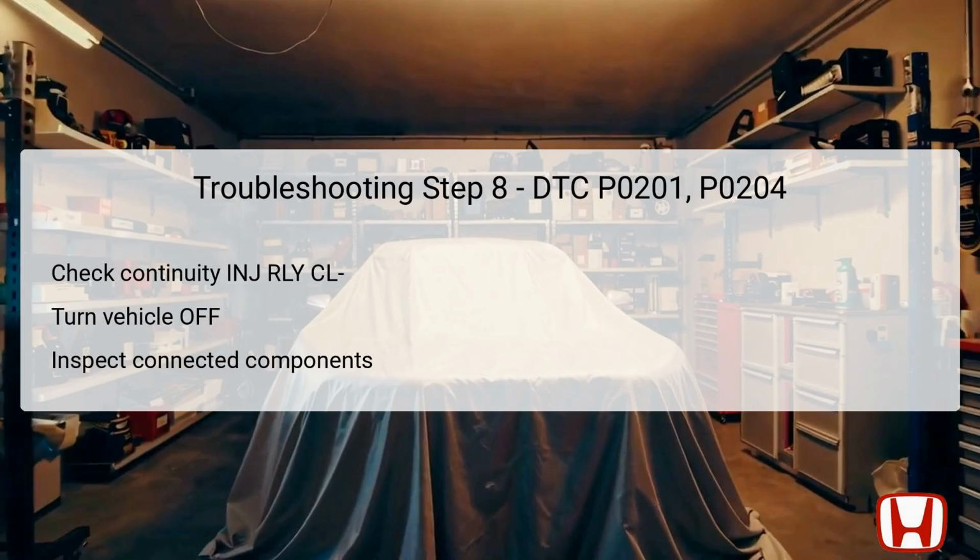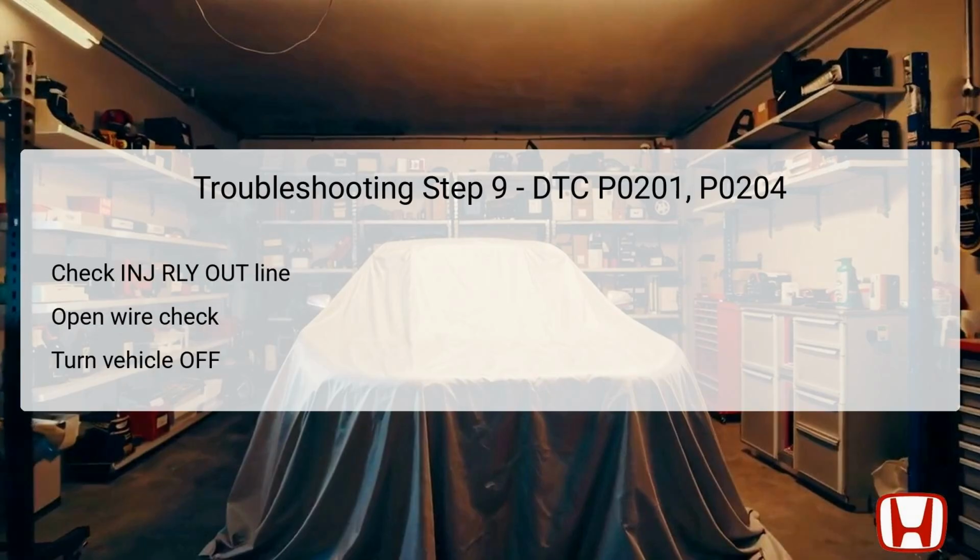If continuity is confirmed, it suggests that the INJ RLY clear operates correctly. If there is no continuity, you will need to identify and repair the open circuit between the PCM and the injector relay. This ensures proper communication and functionality of the injector circuit.